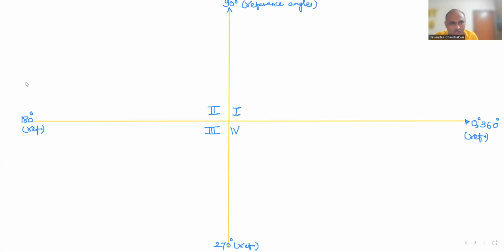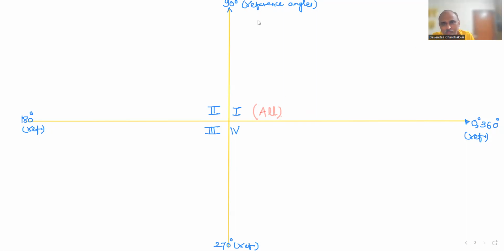All the trigonometric values are positive in the first quadrant. So all are positive, right? Sine of any angle between 0 and 90 is positive. Cos of any angle between 0 and 90 is positive. Tan of any angle between 0 and 90 is positive. And of course cosec, sec, and cot, because they are inverses of sine, cos, and tan, are also positive.